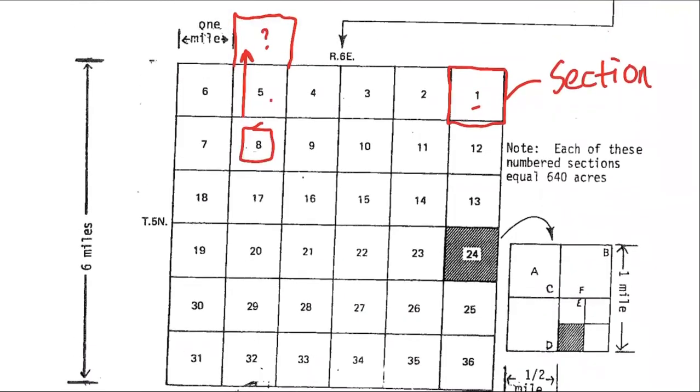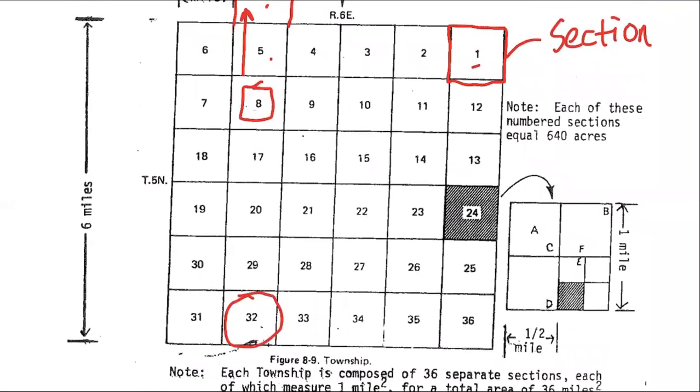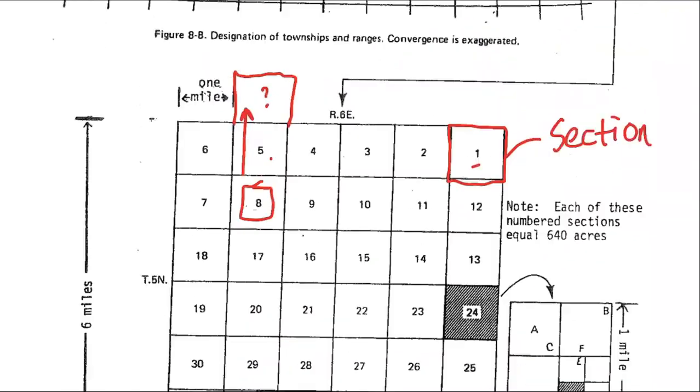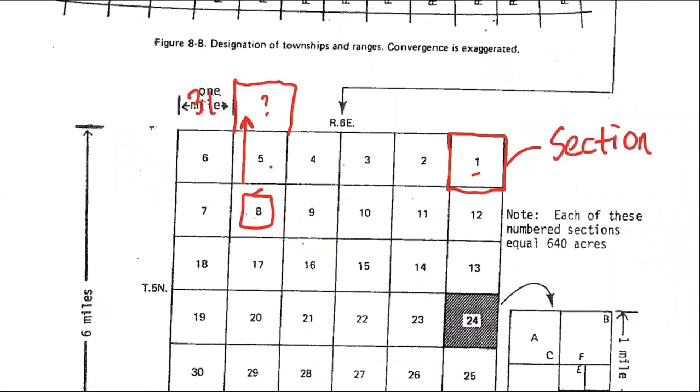It would be the same as this one down here, believe it or not, because again, it just repeats. So section 31 would be here. The one we're missing would be section 32. This would be 33, 34, 35, 36. So they're going to ask you to use your imagination a little bit on occasion, but I just wanted to give you a sneak preview of how that might happen.